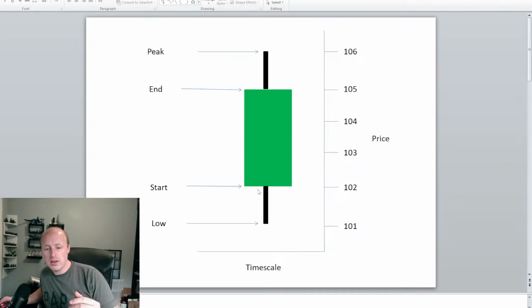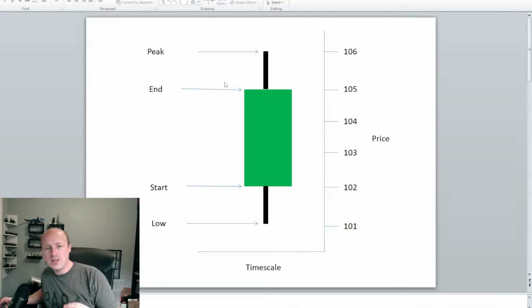So this one here, for example, we are saying that this given period of time, and from now on I'm going to use 1 day just to make this simpler. So this particular candle day, the market opened at 102. At some point during the day, the lowest that price has gone to is 101. The highest that it's gone to is 106.